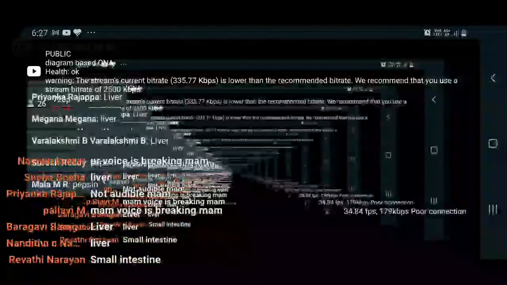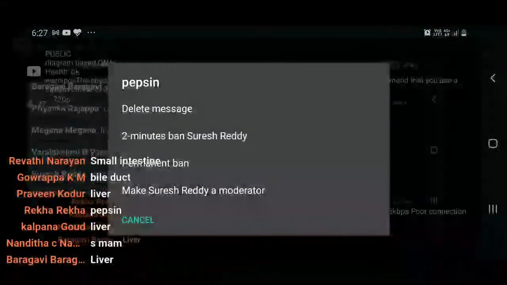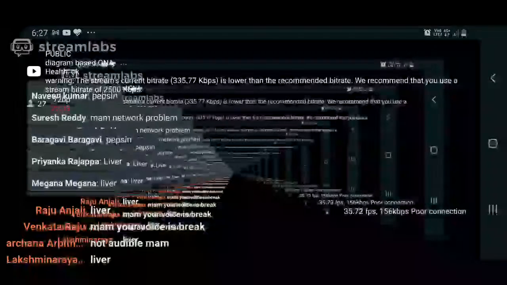Sorry, it is an organ which takes a major part in the digestion of fat. Nandita also correct answer. Yes, many now they answered correctly. Liver is the right answer.